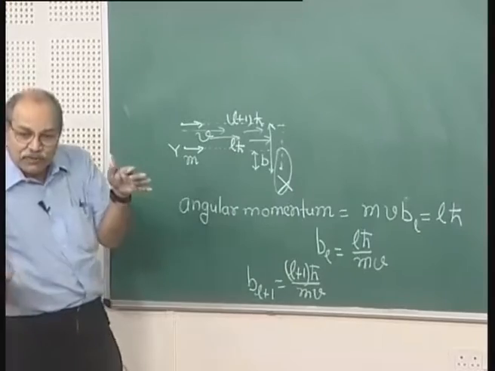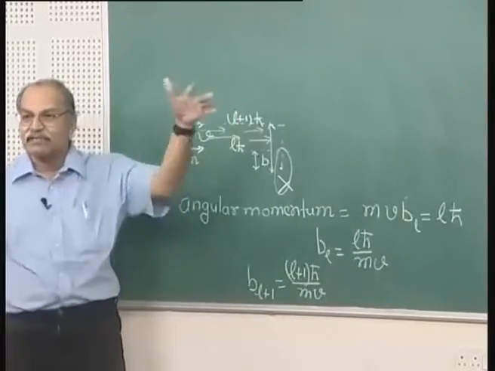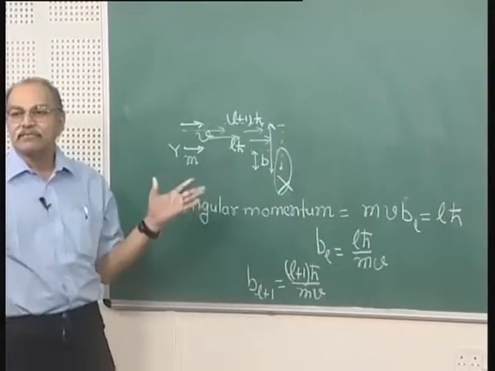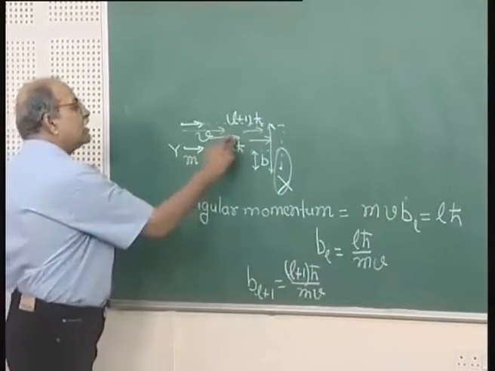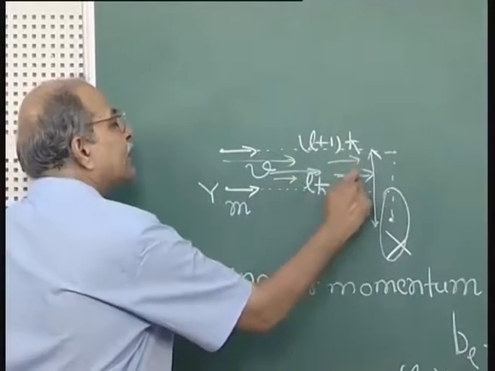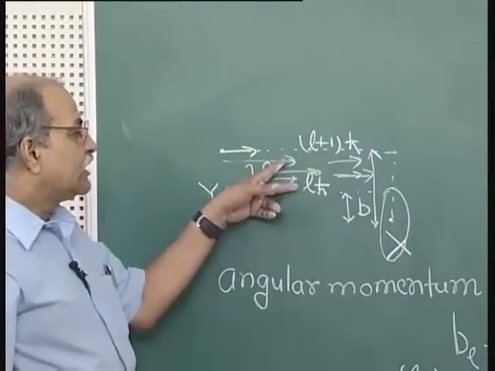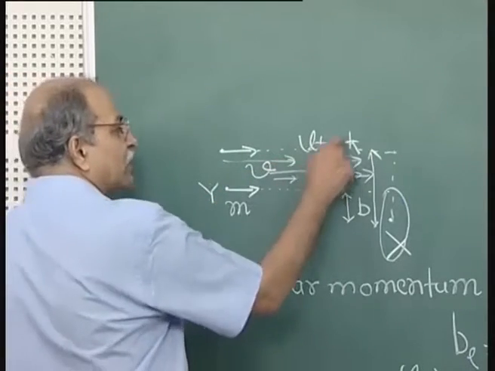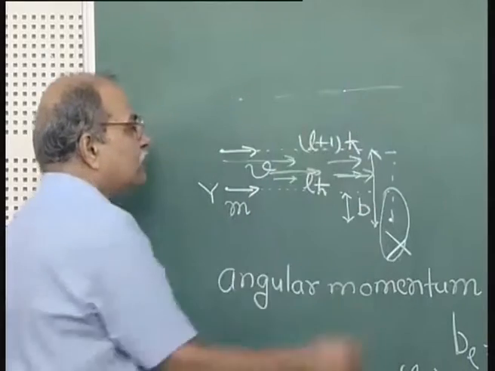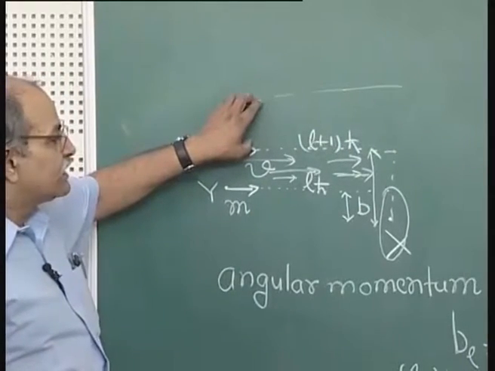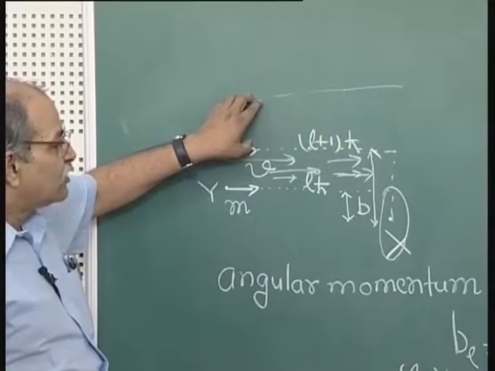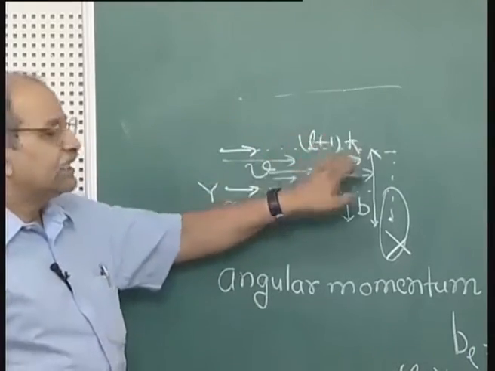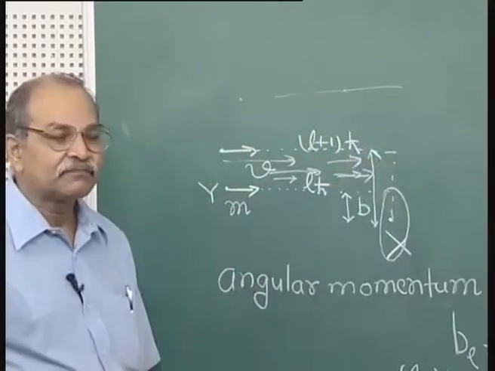So, that we are quantizing this classical continuous quantity. So, all these nuclei will be taken as corresponding to angular momentum L h cross. Then from L plus 1 to L plus 2 here, all these nuclei will be considered to have angular momentum L plus 1 h cross and so on.